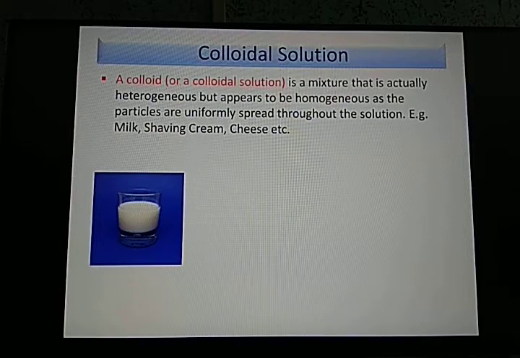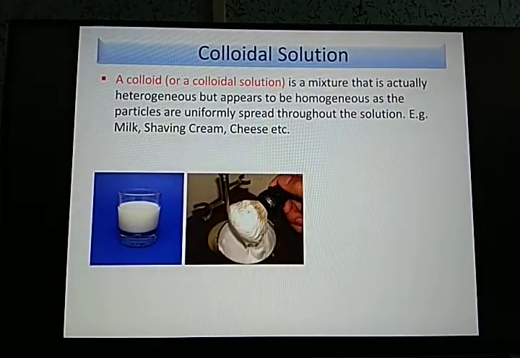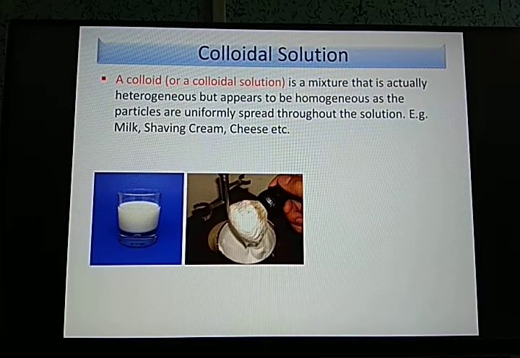Next is shaving cream. Now this is commonly used. Not only shaving cream, here I have given an example of shaving cream, but all kinds of cream. Say cream from the milk, or say the other kinds of creams, your beauty creams or toothpaste or any other kinds of cream.